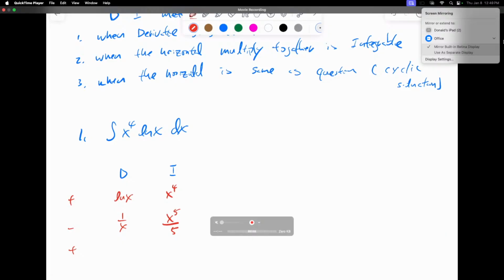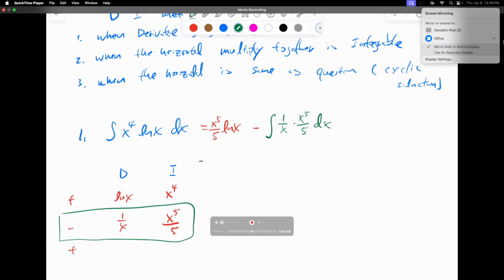You're going to write out ln of x times x to the 5 over 5, minus the integration of 1 over x times x to the 5 over 5 dx.